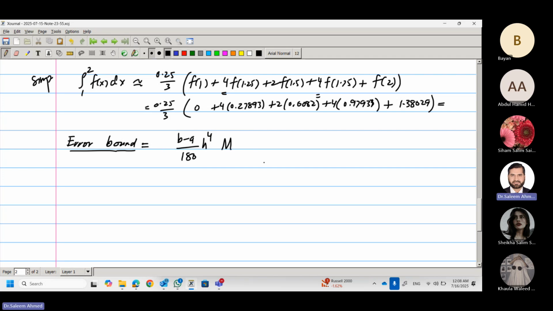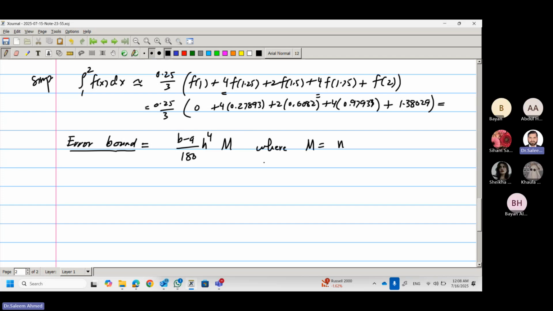This is M, where M is the maximum value of the fourth derivative at xi, where xi is in your interval from a to b. So you have to find the maximum value. If the function is simple, you can find the maximum value. But here your function is not that easy, I think. Your f(x) is x log x.